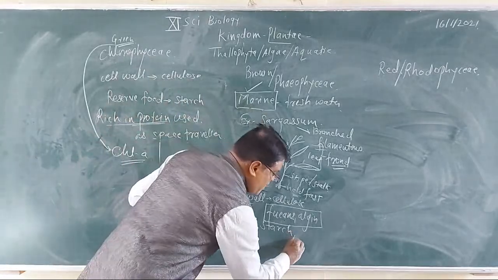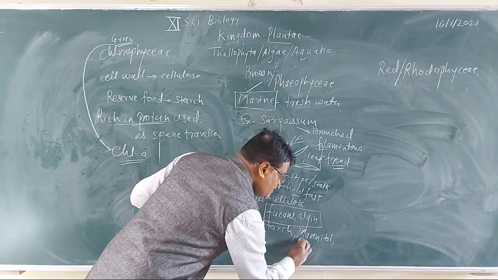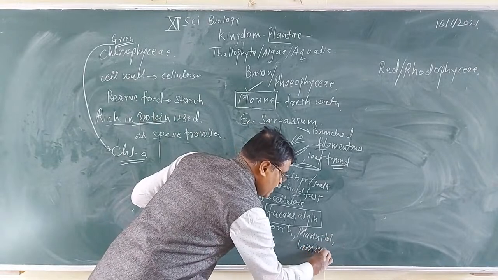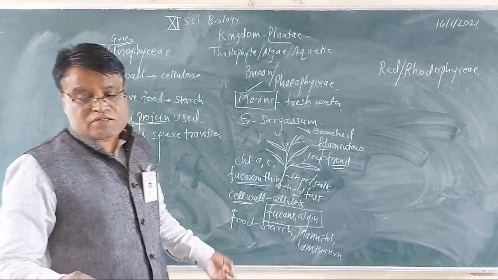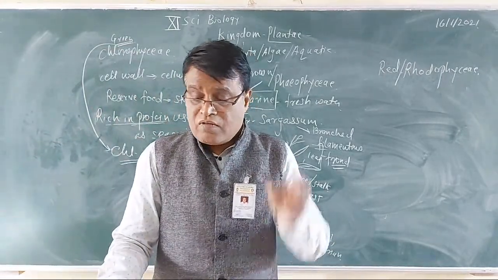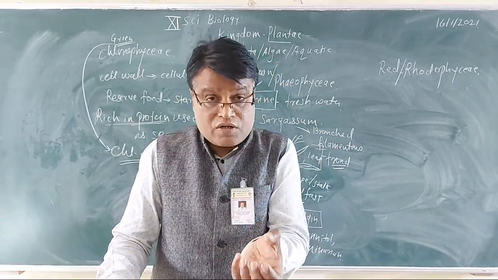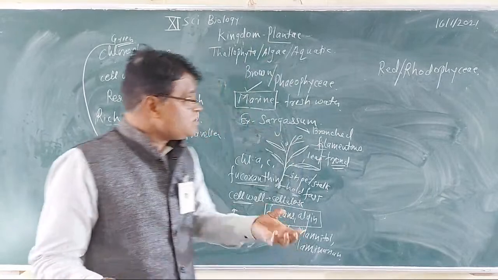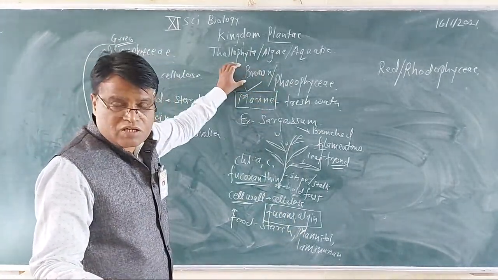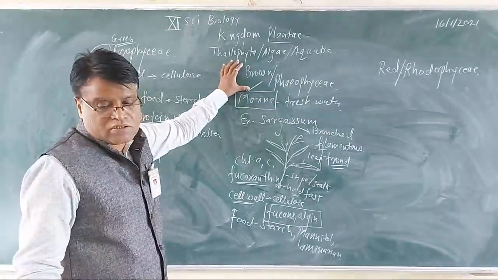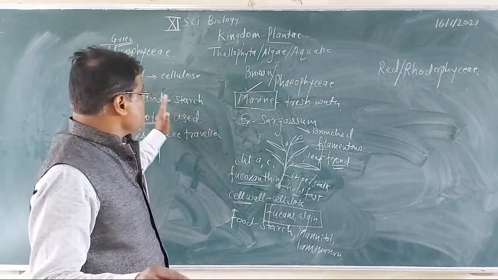Next to that, mannitol and laminarin. Laminarin is again another reserve food, and these reserve foods are seen in the Phaeophyceae, meaning the brown algae, isn't it? Now the next characters.